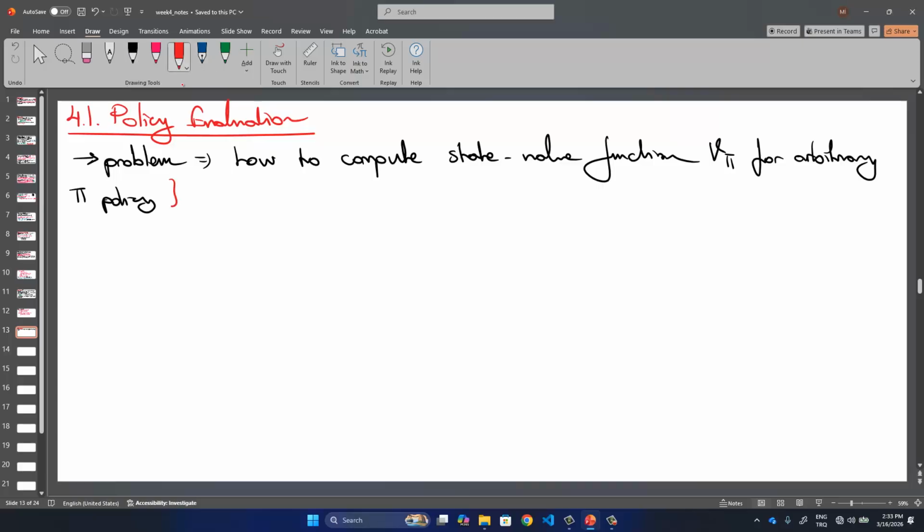This is called policy evaluation or prediction, right?